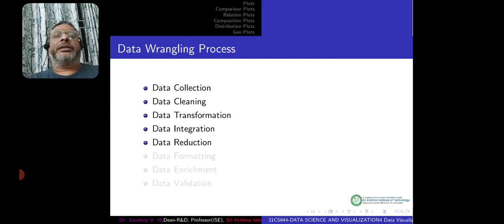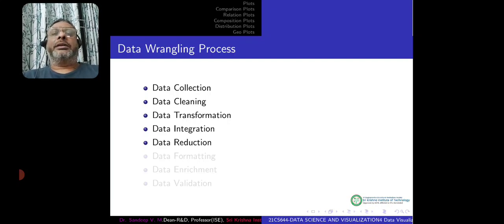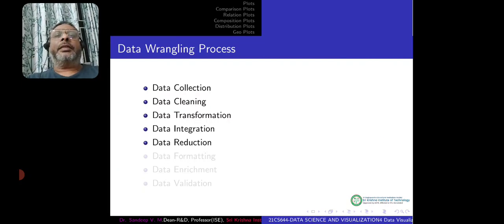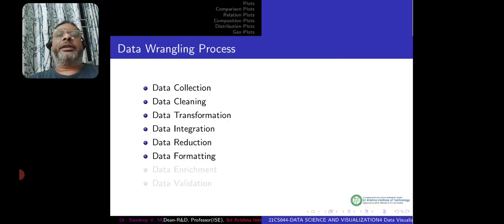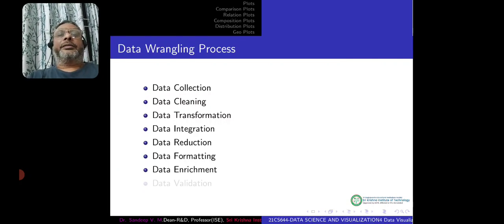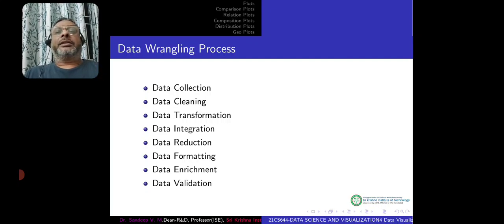And once that is done, now look at the data. There may be some redundancy, so try to minimize the redundancy. So reduce the data, and then put the data into proper format and enrich the data, and finally validate the data whether everything is in order or not.